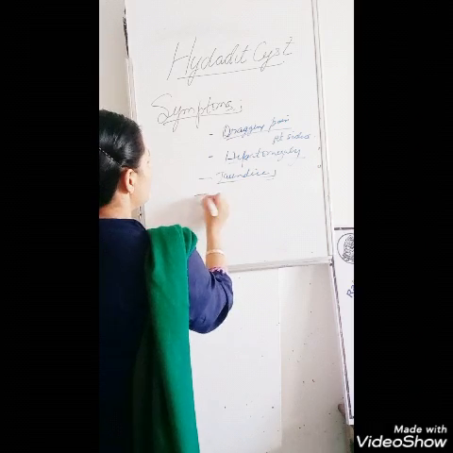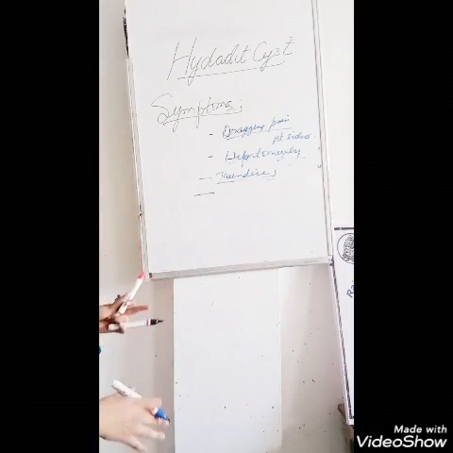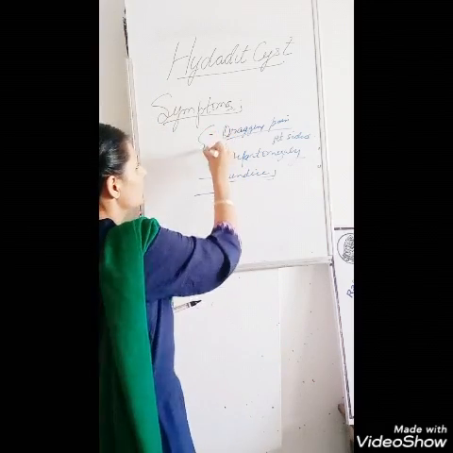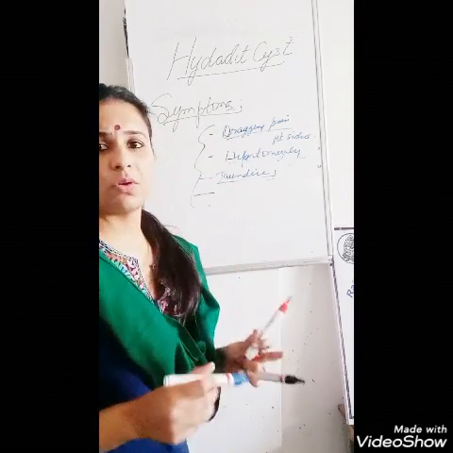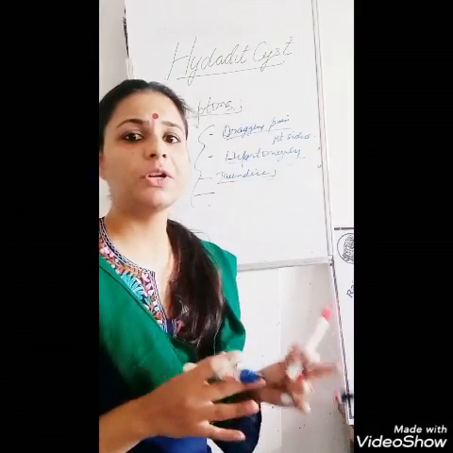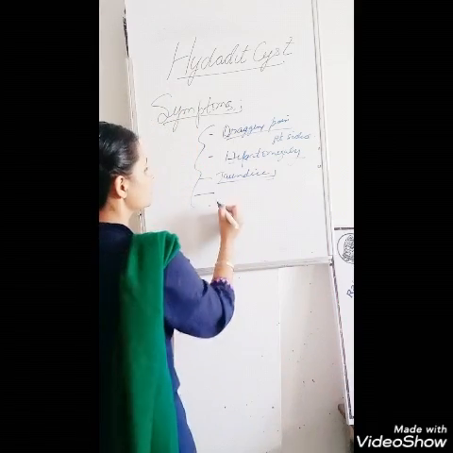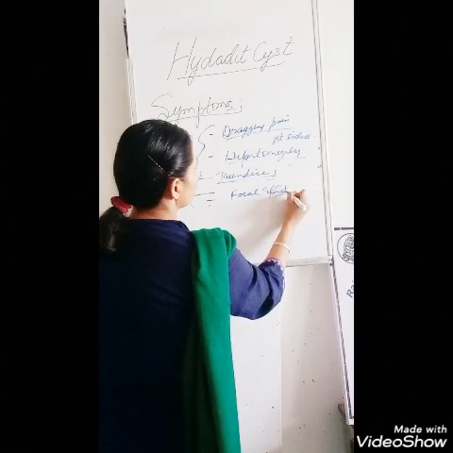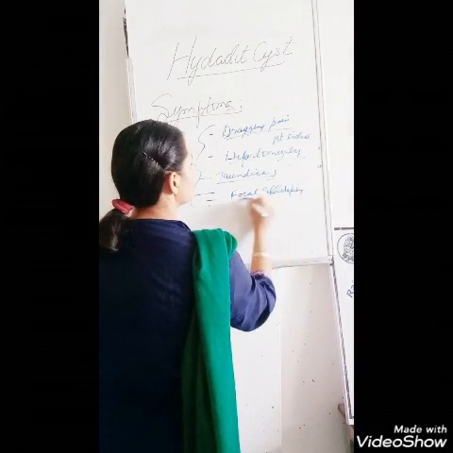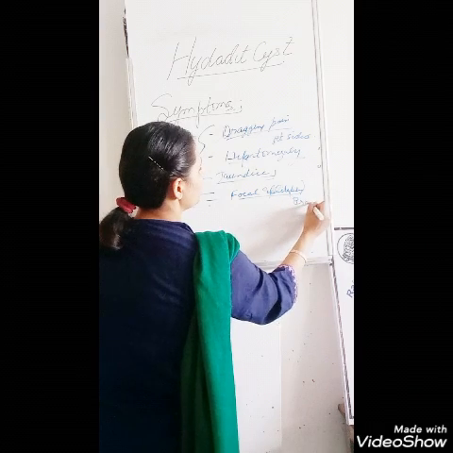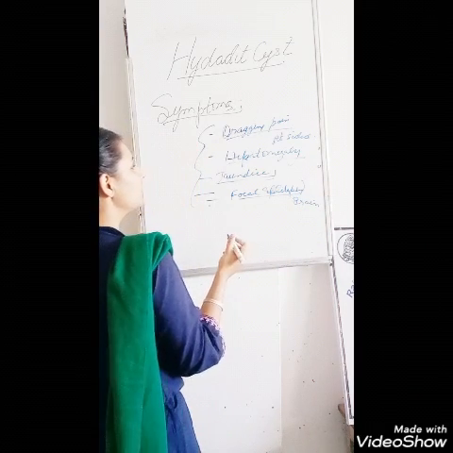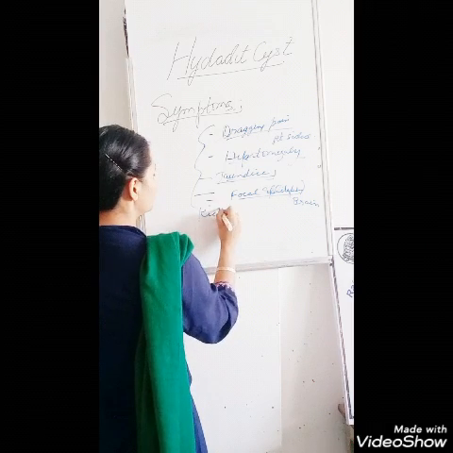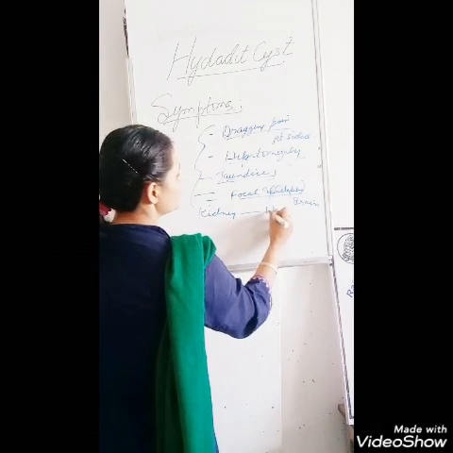So in many cases it is asymptomatic, and if this Echinococcus granulosus travels into the brain, then it will cause focal epilepsy. If it travels into the liver, it will cause jaundice. If it travels into the kidney, then it will cause hematuria.